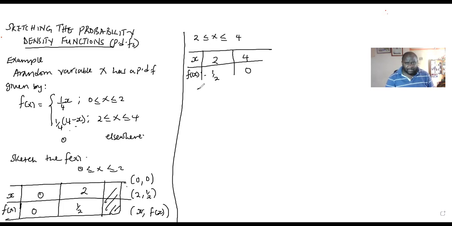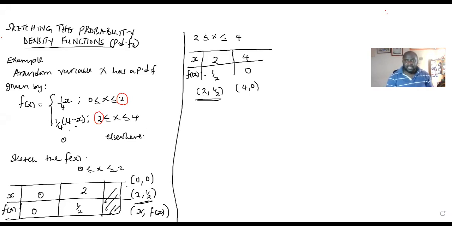So I'll get coordinates which are 2, a half, and 4, 0. Now, why is this point the same as this point? Those 2 points are the same because 2 is the boundary of both regions. 2 is in this region and 2 is in that region. So the function f of x at 2 is supposed to be the same in region 1 and also in region 2. So that is why we have the same point.